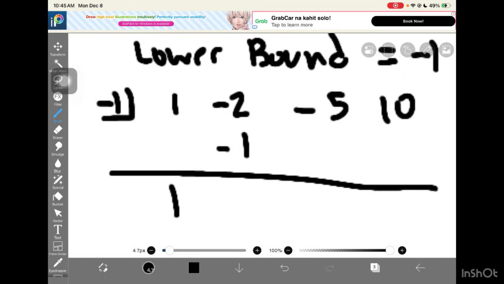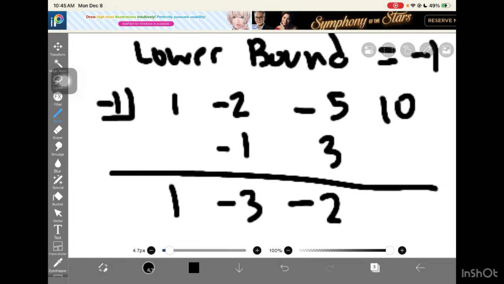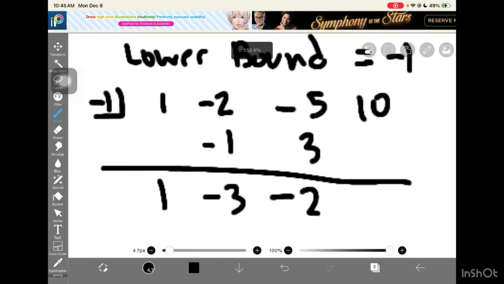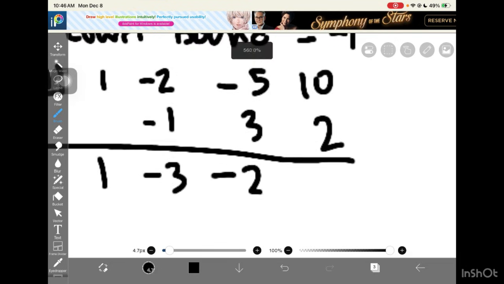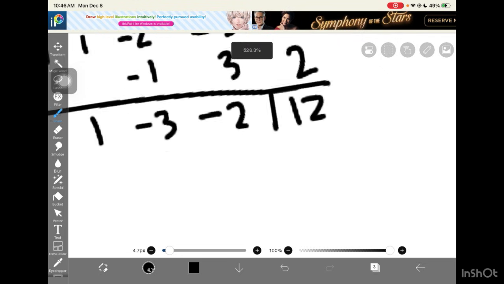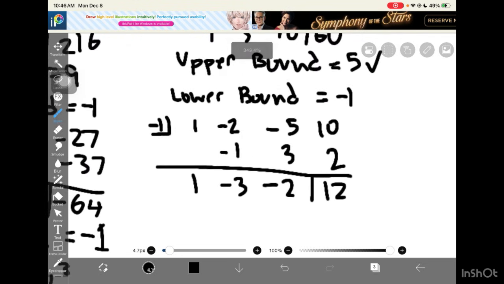Negative 1 plus negative 2, negative 3. Negative 3 times negative 1 is 3. Negative 5 plus 3 is negative 2. Negative 2 times negative 1 is 2. And then 12. Now, since it's not alternating signs, lower bound is not negative 1.